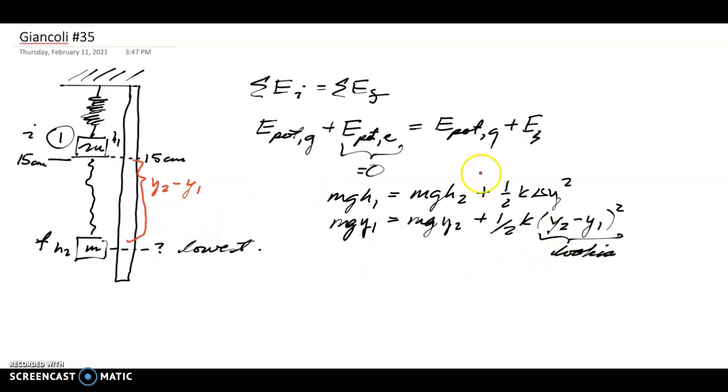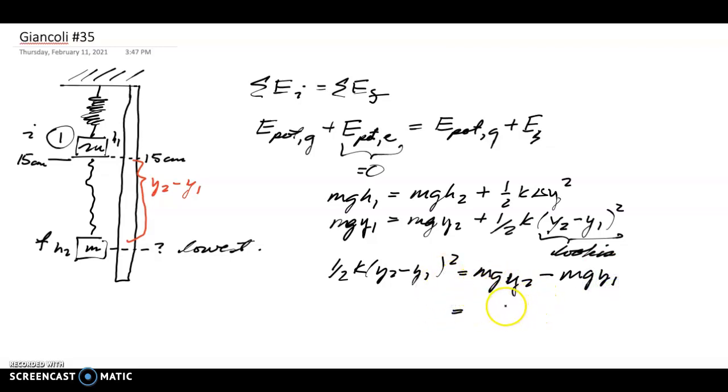But anyway, here we go. I want to put everything, I'll flip this around. So I'm going to say 1/2 k (y2 minus y1) squared is equal to mg y2 minus mg y1.